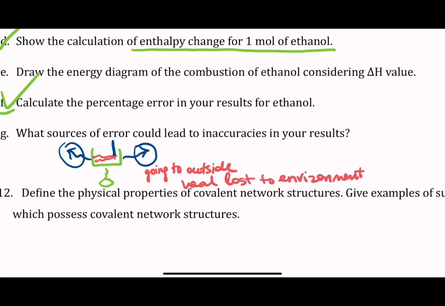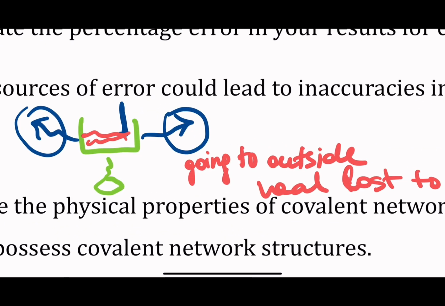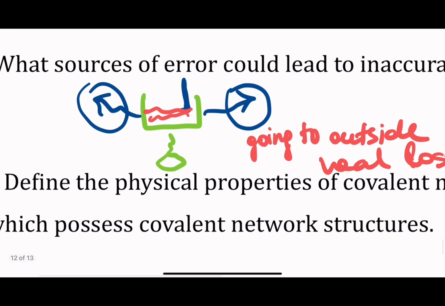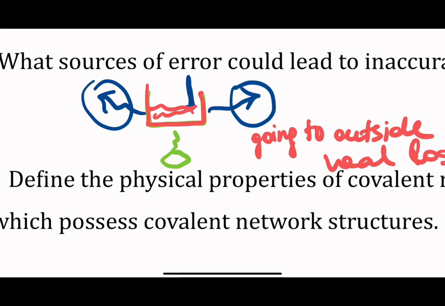You can also feel it, right? When we were close to this container, we could feel the heat. That's because some of the heat was going towards us. Not all of the heat was going there. And that's why we got an error.